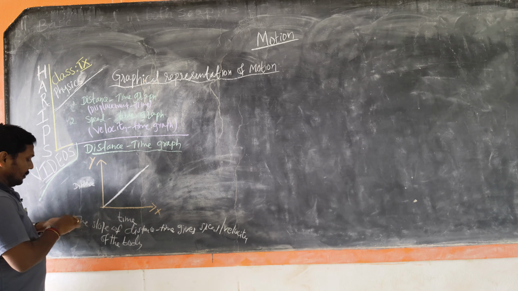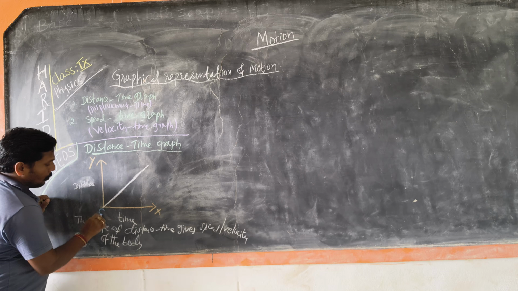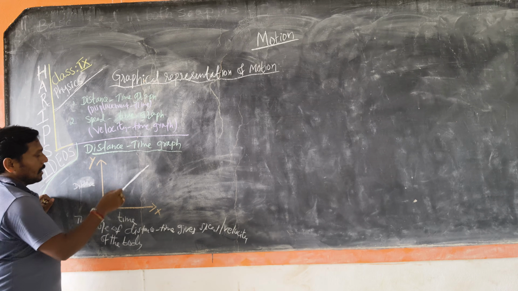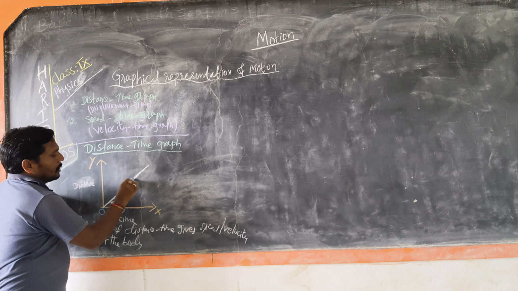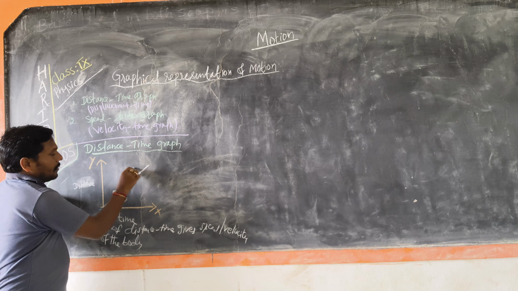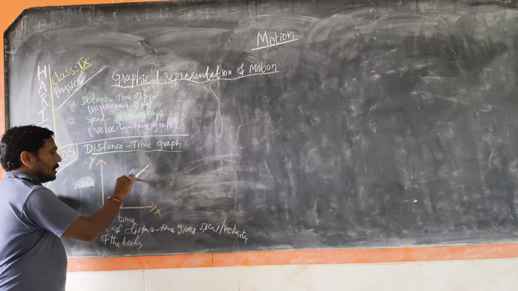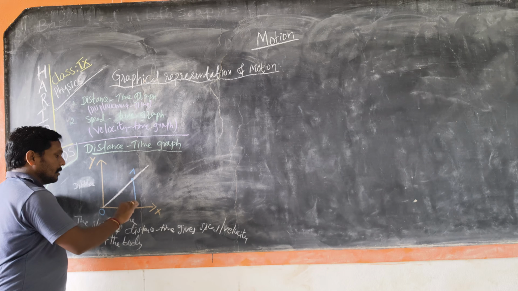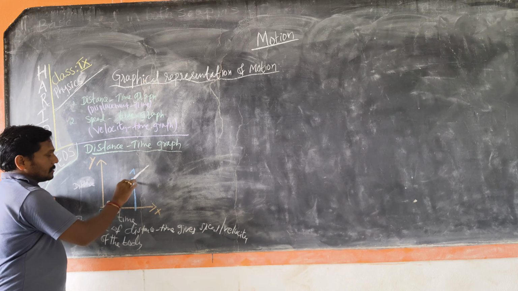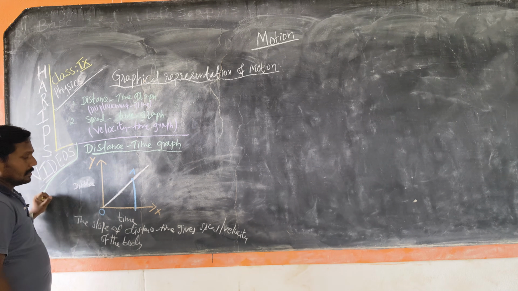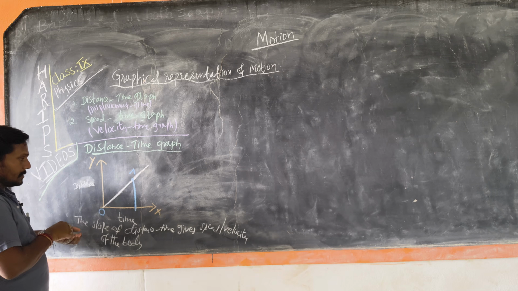Assuming that O is the initial position, at any point we identify a point A on the slope. Now draw a perpendicular to the time axis, the x-axis.